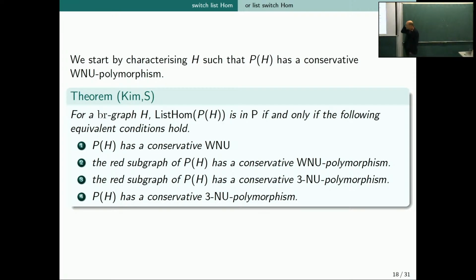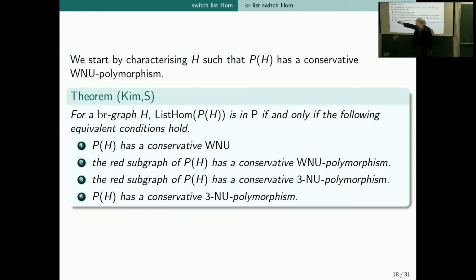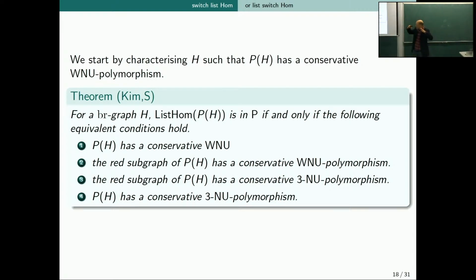This is all we had to do, and then if we can show that, we get that the switch graph has a conservative 3NU polymorphism, which is a strong conservative WNU polymorphism. So it gives this nice collapse from WNU down to 3NU for these switch graphs as well.